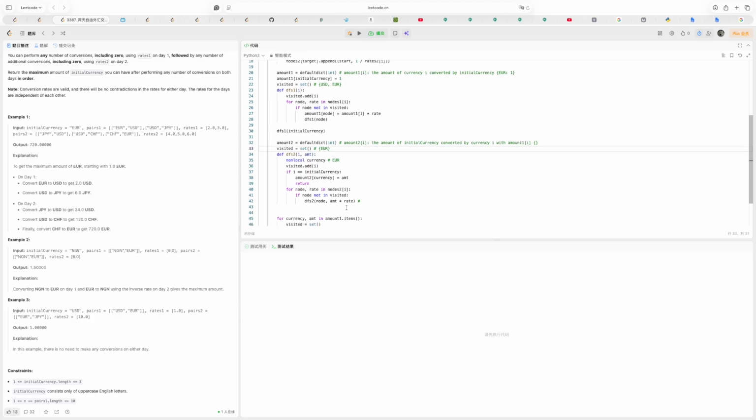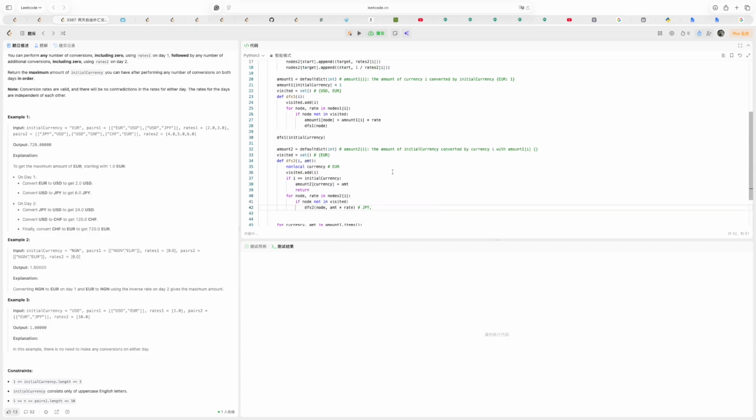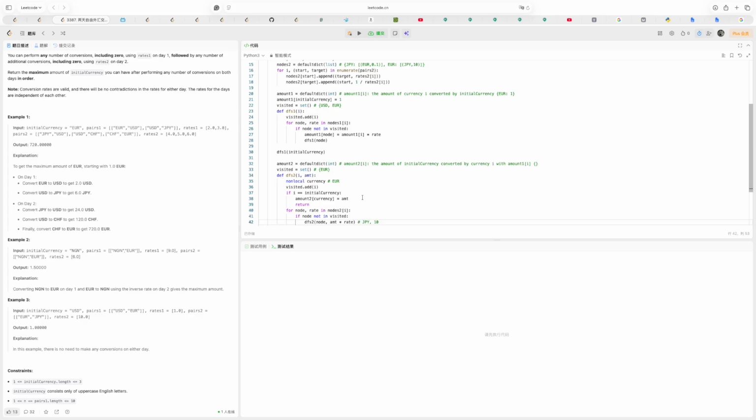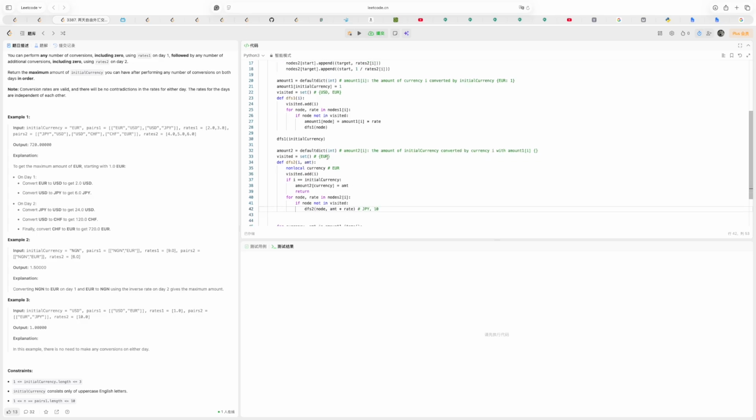It's not in the visited set, so we'll have JPY with current amount 1 and rate 10, so we'll have 10. And JPY will be added to the visited set.